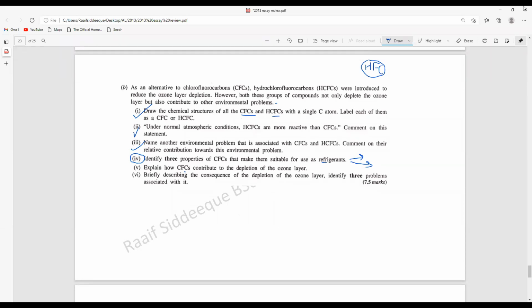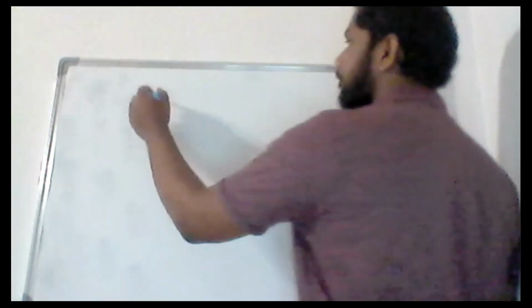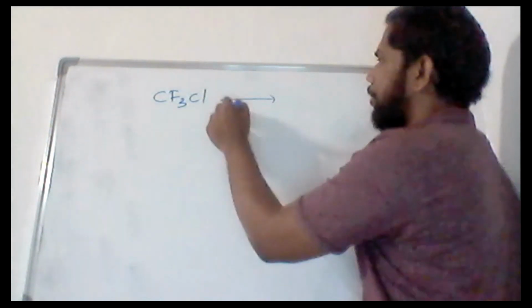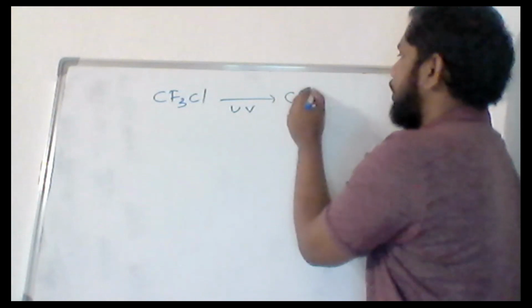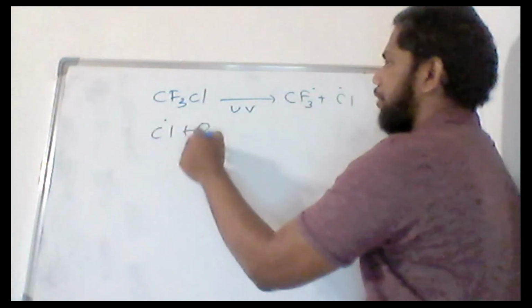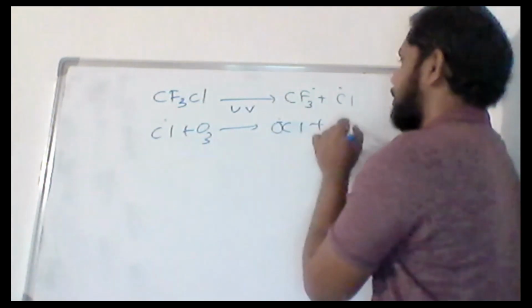If I write down the reactions, we have many reactions. Let's say we have CF3Cl, one of the compounds that you can take. With UV, it will form CF3 plus Cl, and this Cl can react with O3 to form ClO, or Cl radical plus O2.